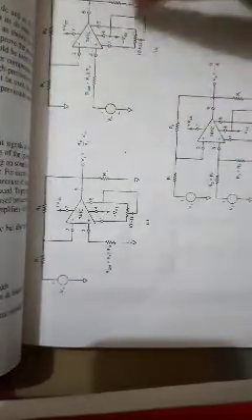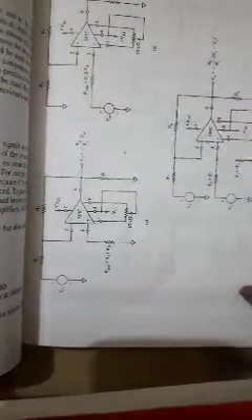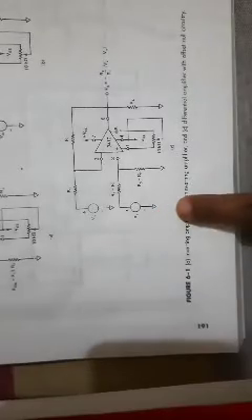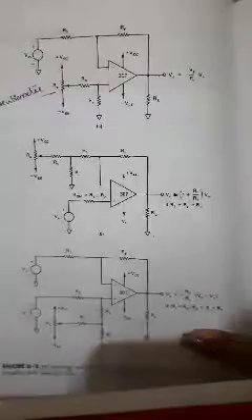Similarly, in a differential amplifier with offset null circuitry, we give two inputs, Vx and Vy, and the output is given by V0 equals minus RF by R1 into Vx minus Vy.